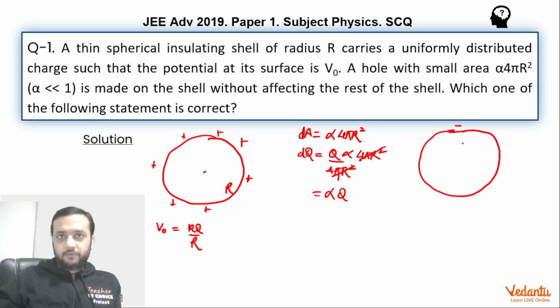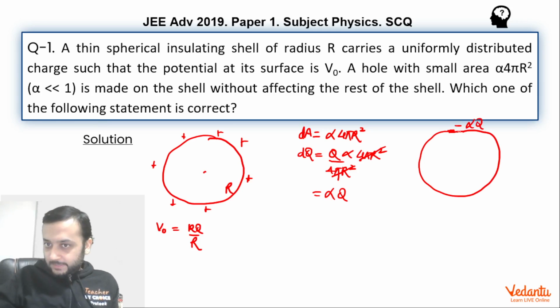From the perspective of charge, is this not the same situation that has been created? मतलब मैं यहाँ पे कह रहा हूँ minus alpha q charge if we put over here इस point पे, so this minus alpha q and that plus alpha q will be neutralized, and we will be left with the remaining shell, है ना?